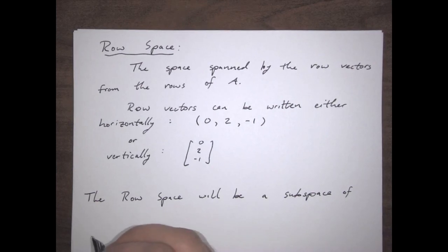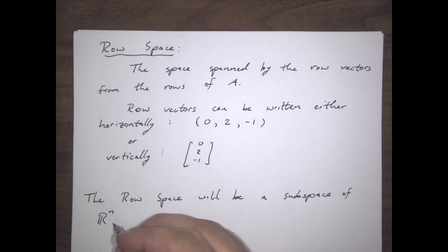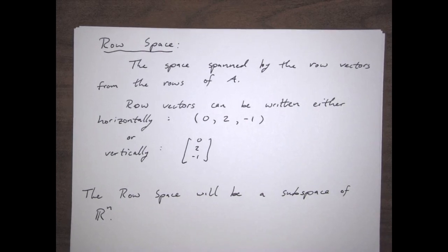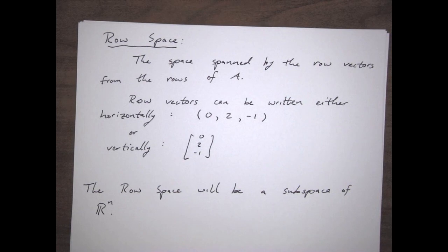So if A is m by n, then this will be a subspace of Rn. And because it's a span, that makes it automatically a subspace. So we don't even need to prove anything. This is just a stray observation about something that will become a closer friend of ours later on. But for now, I'm going to leave it at that and call that a section.